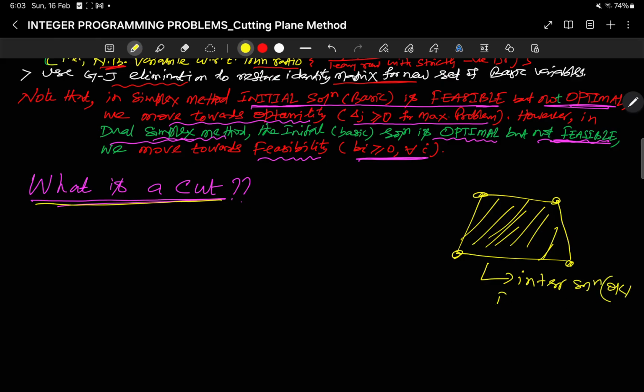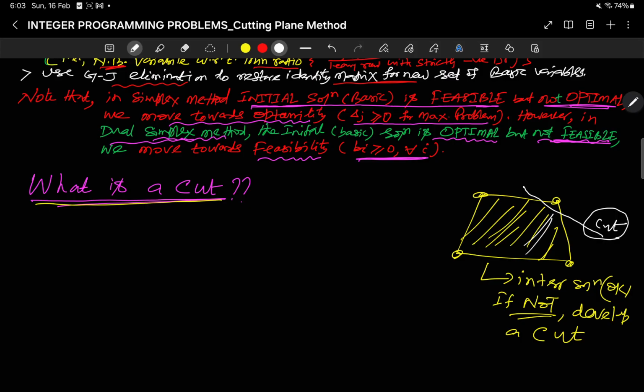If not, we have to develop a cut. Suppose this is a cut. I will tell you how to find a cut. Now this new feasible region has these extreme points. With this new feasible region, we check whether the integer solution is restored.